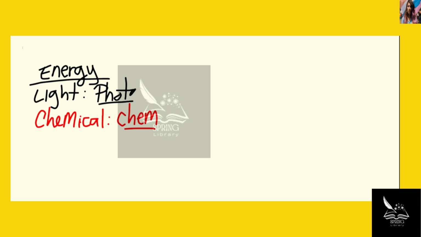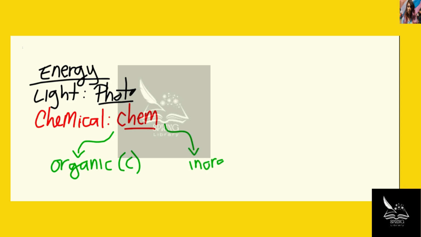Now this breaks down a little bit further into organic, which will likely contain carbon, so C for carbon, or inorganic. And these ones that are organic fall into four main types.